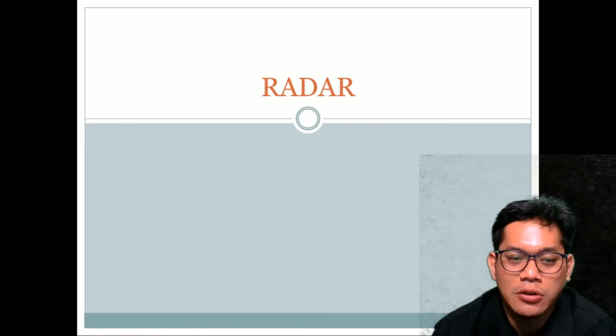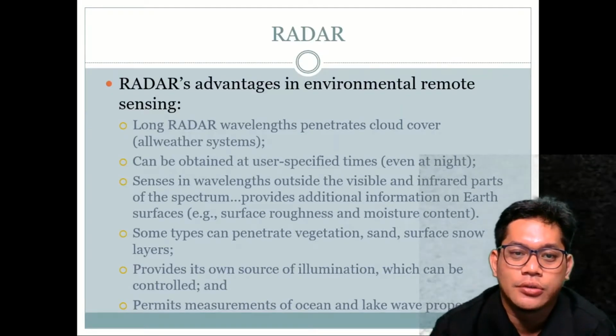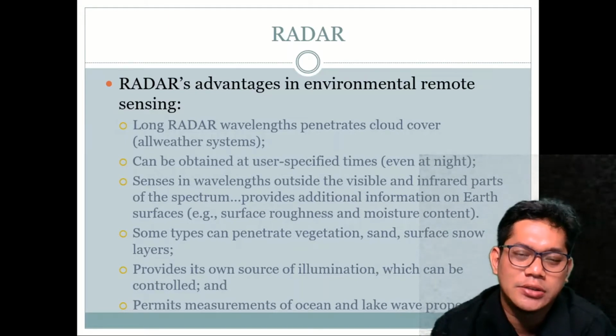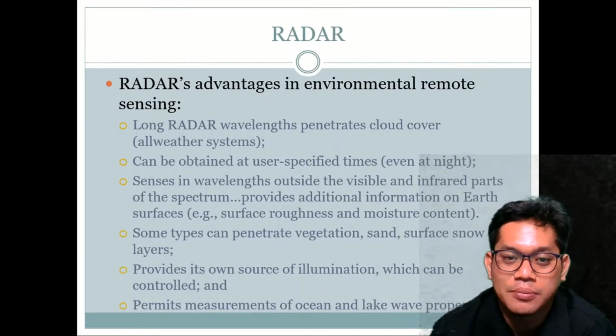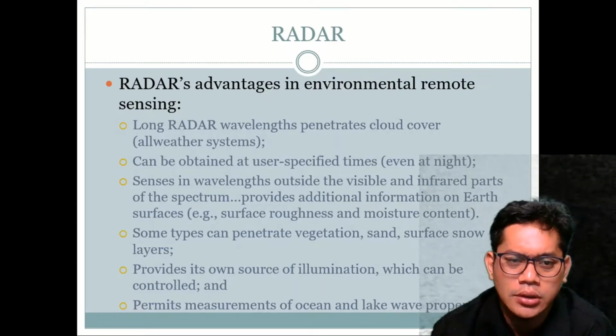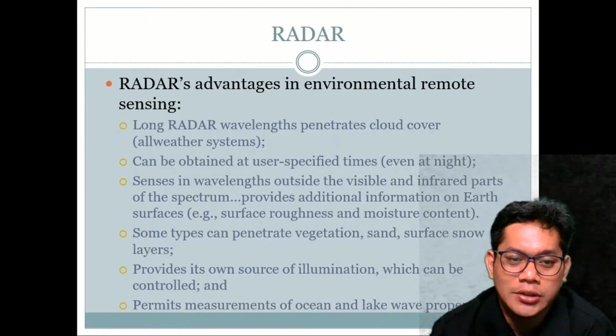The second one, we look into radar. Radar, as we discussed in the earlier chapter, is an active sensor device. It produces its own energy. It's good to use because it is able to penetrate the cloud, making it an all-weather system, and it is based on the user's specific time.